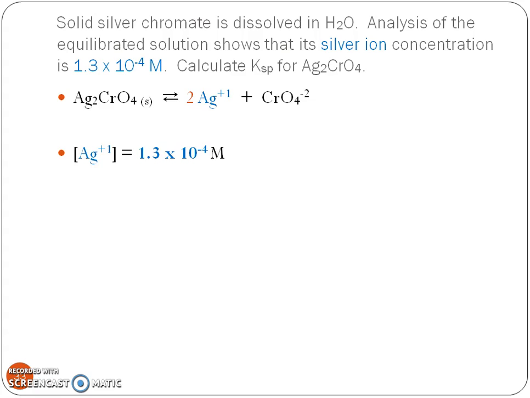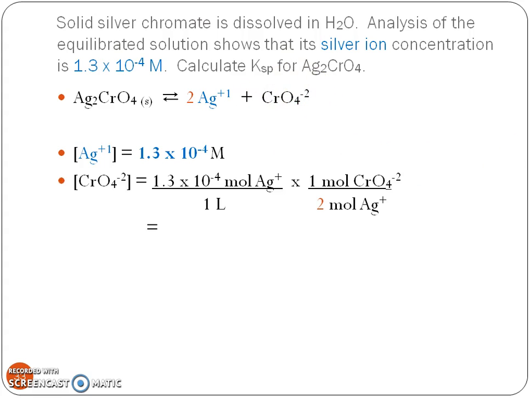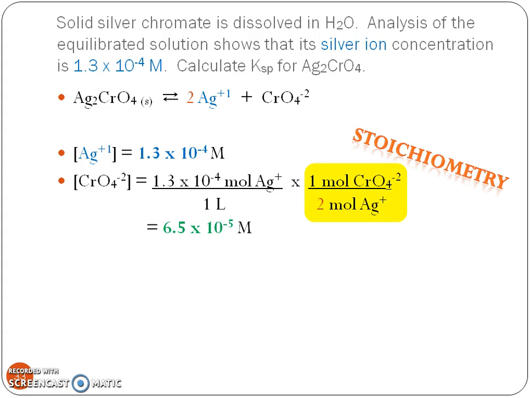So our silver concentration is 1.3 times 10 to the negative 4. Well, how do we get our chromate? Aha, a little stoichiometry. If we know that we have this much silver, we're going to use stoichiometry from our balanced chemical equation, the 1-to-2 ratio. So we're going to take our value of that silver ion and divide by 2 to get the concentration of our chromate.